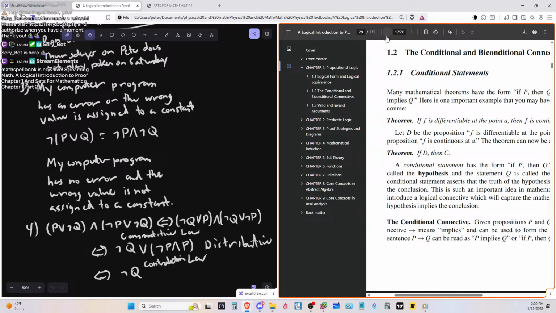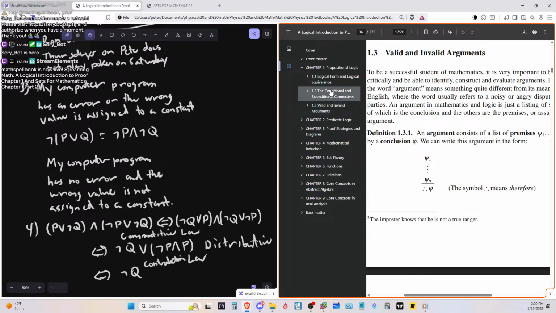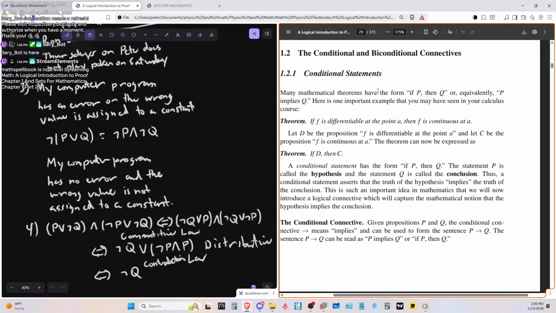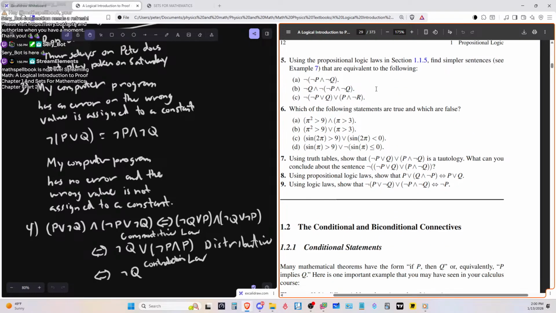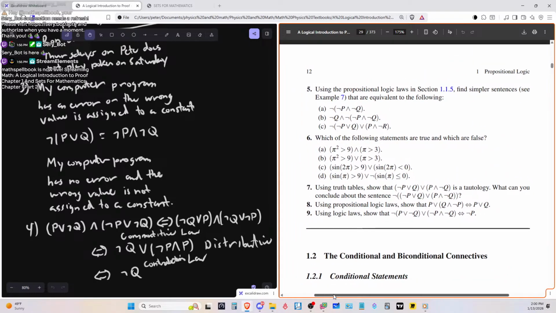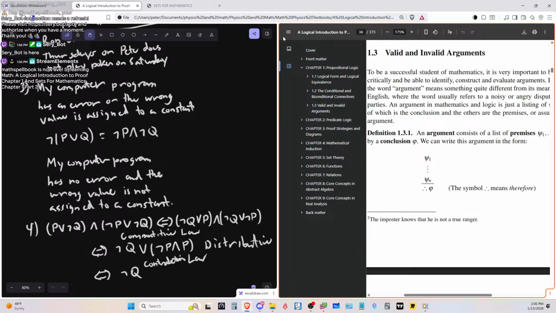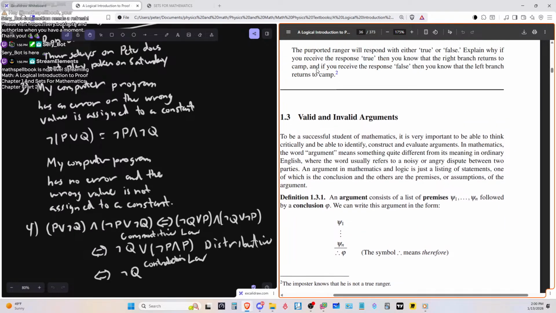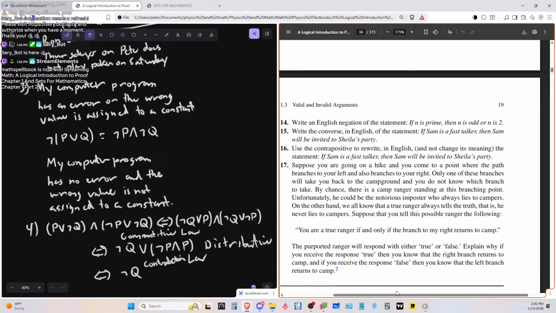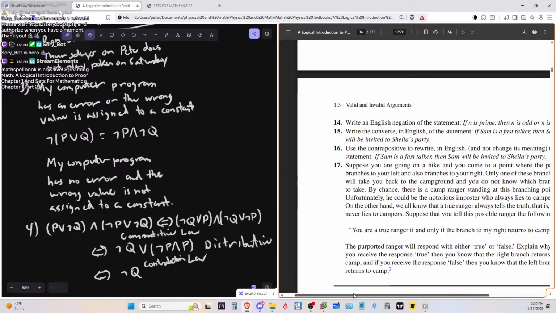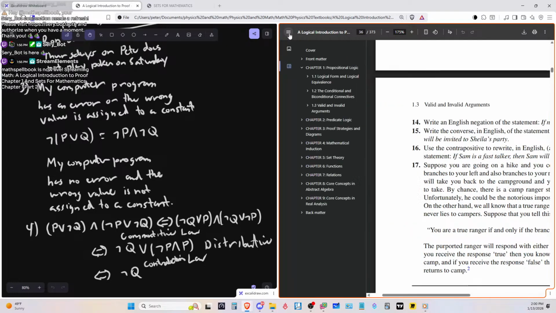This is page 12, right? And for 3, we have it at page 19. Okay, so that means there's 7 pages here. So not too bad.